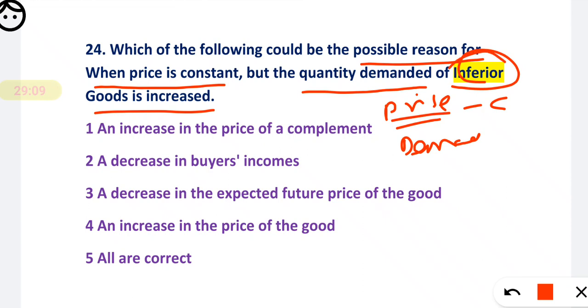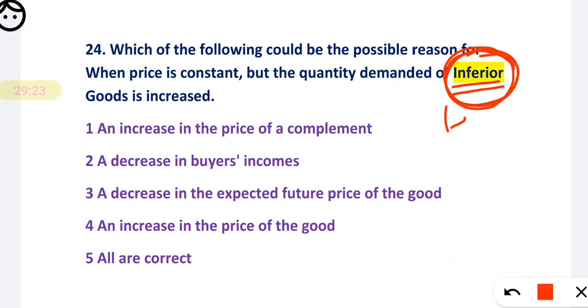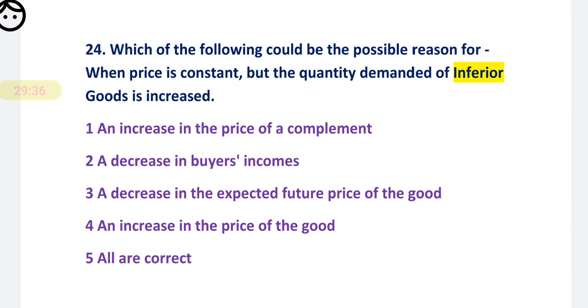What do you mean by inferior? Inferior means goods which are not good in quality, right? By common sense, you purchase inferior goods when you are having less money, only that time. If you have a good amount of money, you will purchase superior goods. So here itself is the answer for this question.